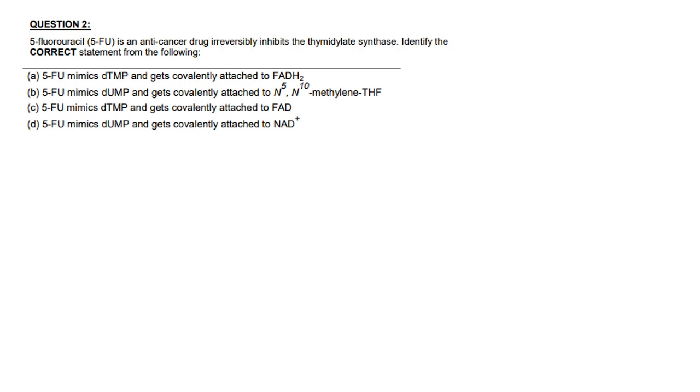Clear, sir. Okay. 5-fluorouracil is an anti-cancer drug that irreversibly inhibits thymidylate synthase. Identify the correct statement from the following. 5-fluorouracil mimics dTMP and gets covalently attached to FADH2; or mimics dUMP and gets covalently attached to N5,N10-methylene THF; or mimics dTMP and gets covalently attached to FAD or NAD+.